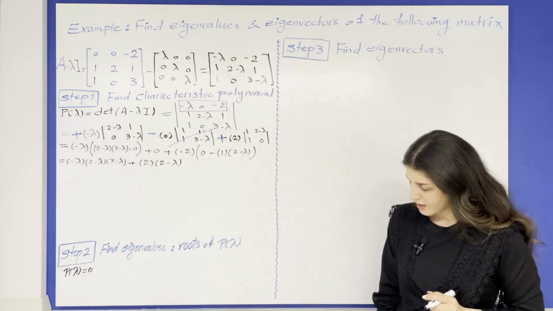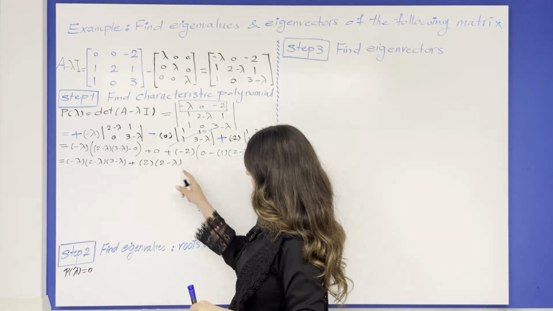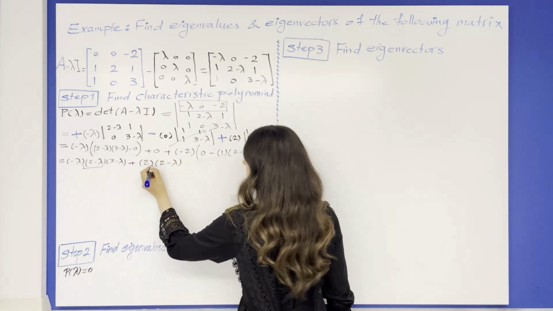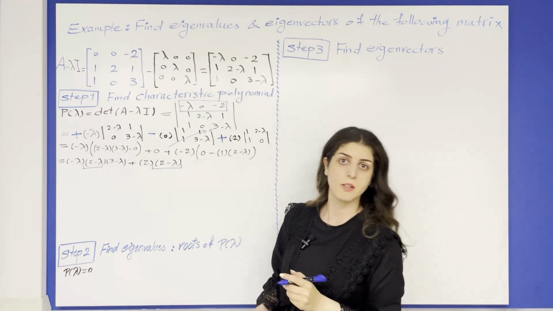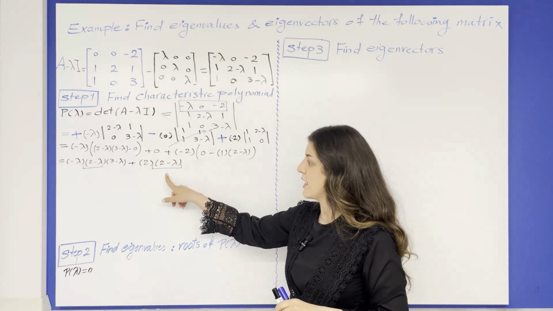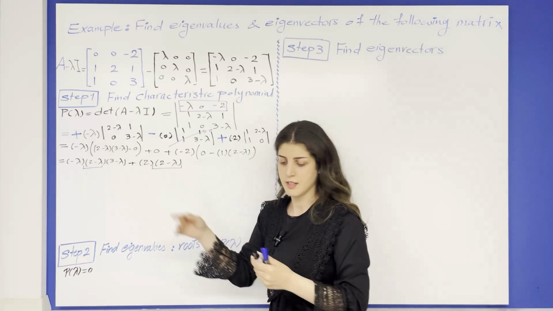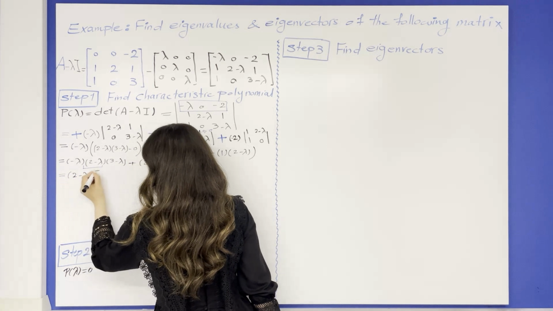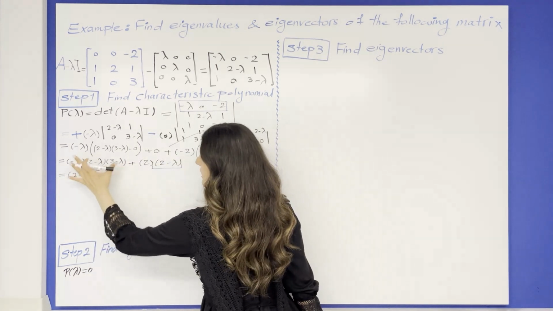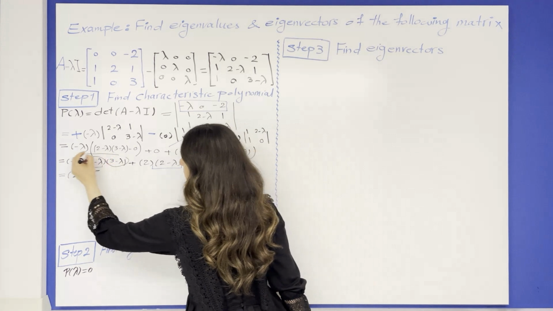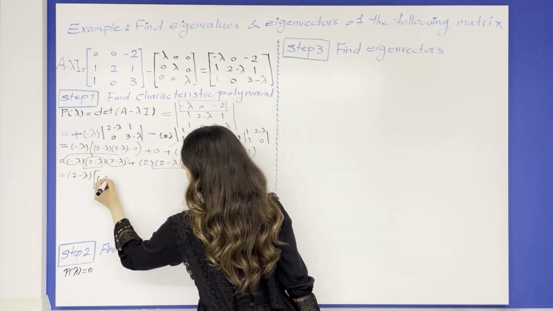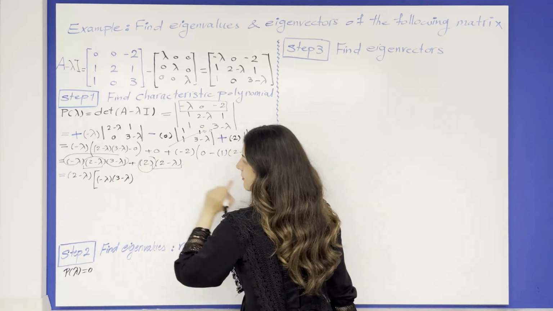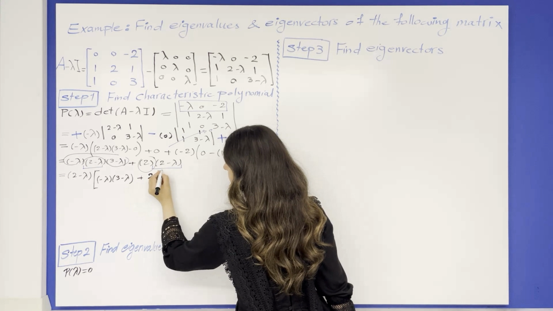Okay. Look at these two terms. Here, I have a factor of 2 minus lambda. Here also, I have a factor of 2 minus lambda. So I'm going to factor out this term from both terms. I get 2 minus lambda times, from the first part, negative lambda times 3 minus lambda, and from this one, plus 2.